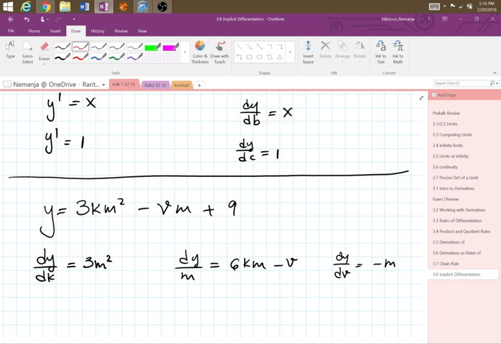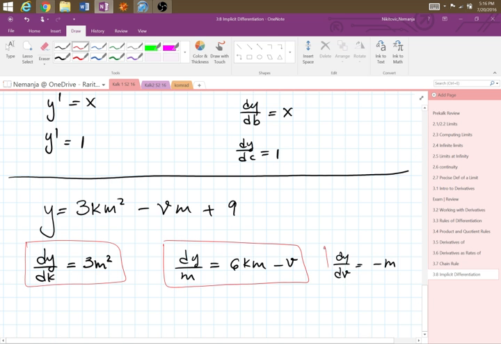So we have the 3 separate derivative calculations here. And as you can see, all of these first derivatives are different because we are doing the differentiation in terms of a different variable.